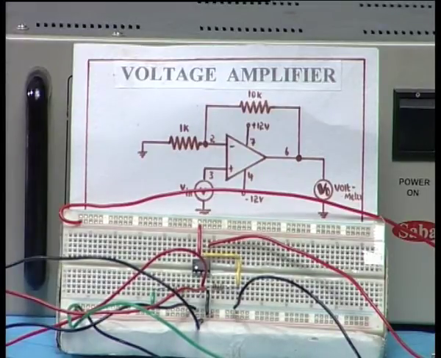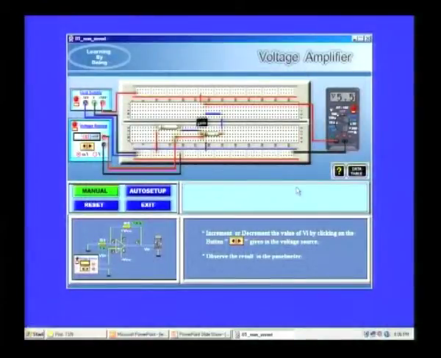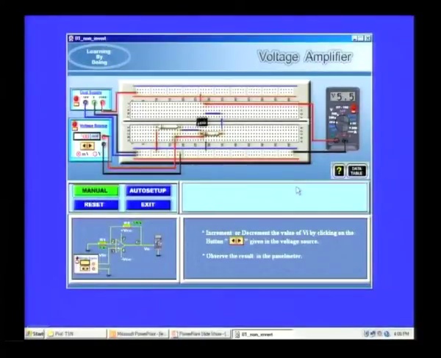So having seen the demonstration, I am sure you would have understood how, in a very simple scheme, by just having an operational amplifier which is not very expensive and a couple of resistors which are also very cheap, you can form a very powerful amplifier, in the sense that the gain can be very easily modified.